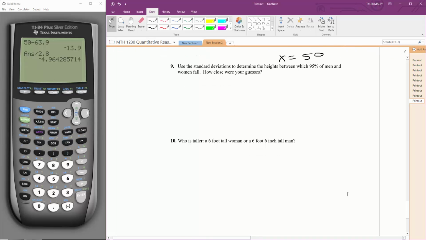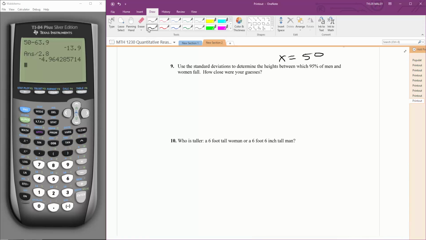So number 9 says, use the standard deviation to determine your heights between which 95% of men and women fall. How close were your guesses? Right? So in other words, another way to write this is we need to figure out the 95% confidence interval for women and for men, right?